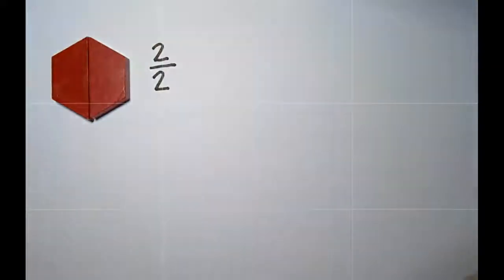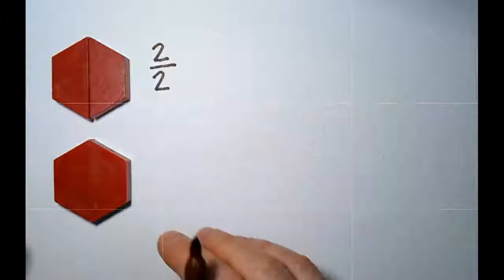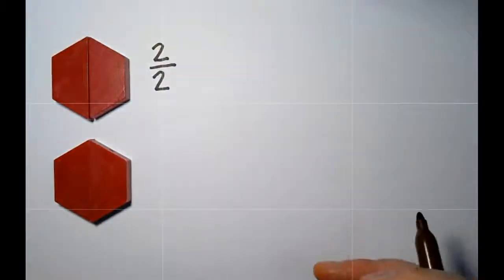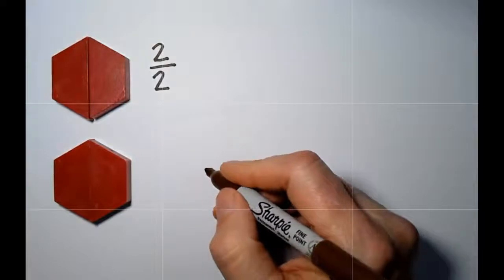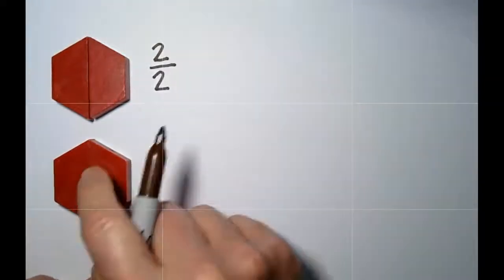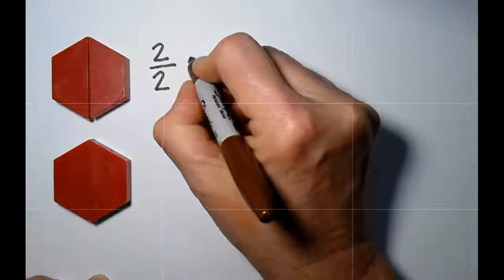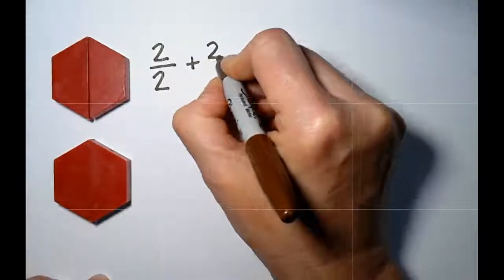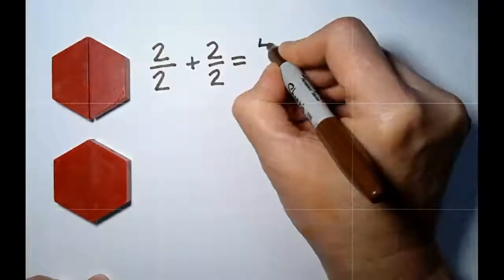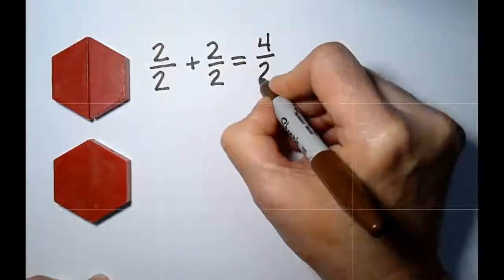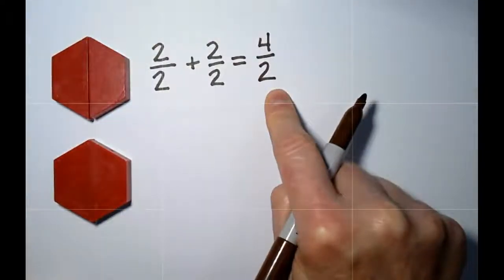But if I were to add another shape, now I have two wholes. How would I write two wholes as an improper fraction? Well, again, what I have is 2 out of 2. So for two shapes, two wholes is the same as 4 halves.